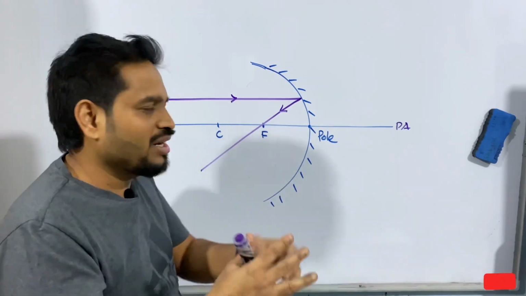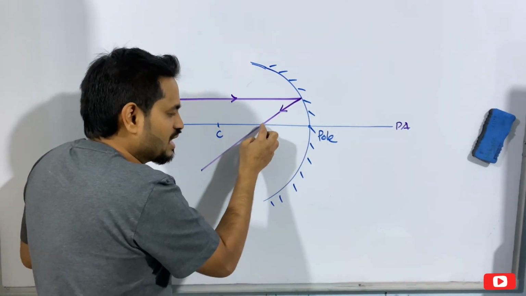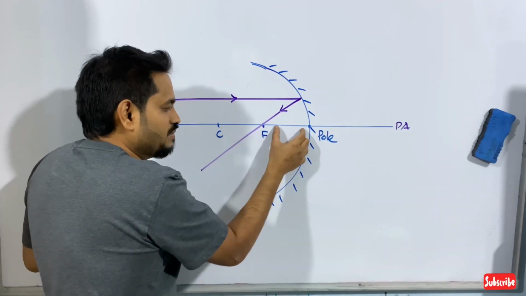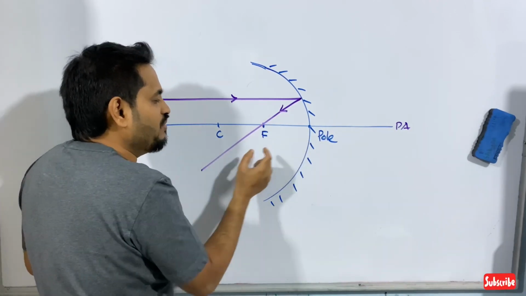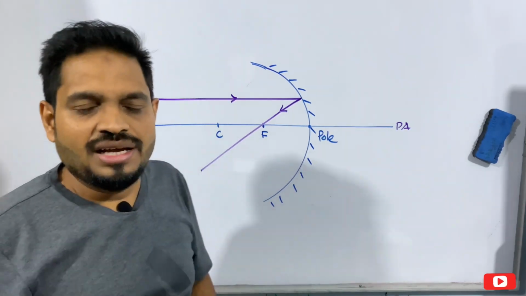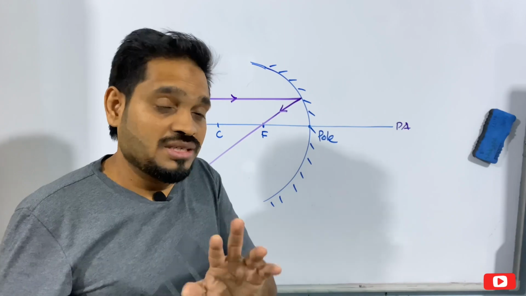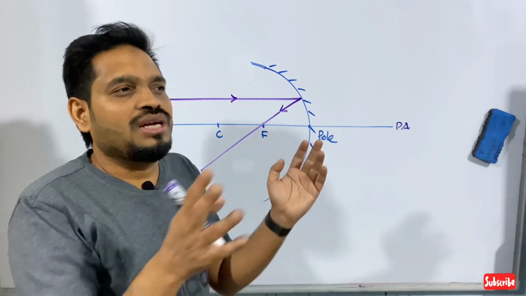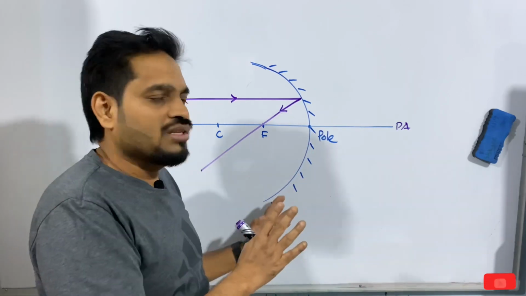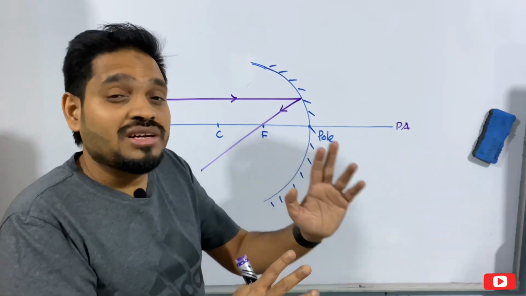So what is the second part? And the reflected ray cuts the principal axis at a point exactly midway between center of curvature and pole, and that point is called principal focus. Before we said it's the midway between these only, but now the legendary definition comes.